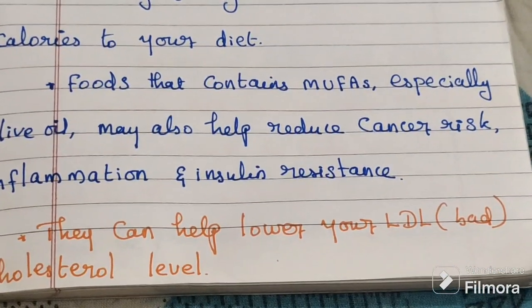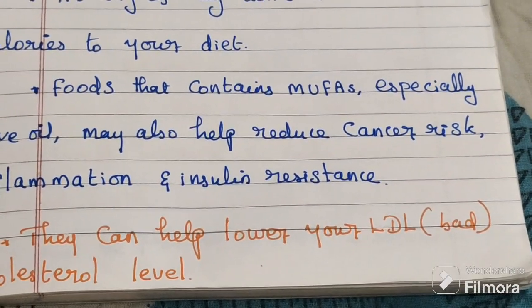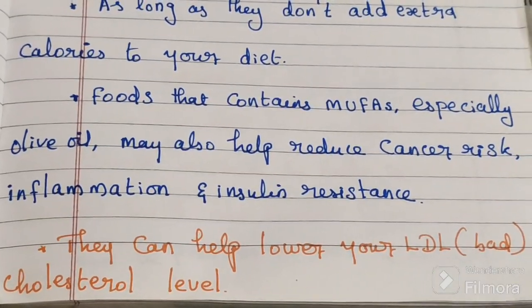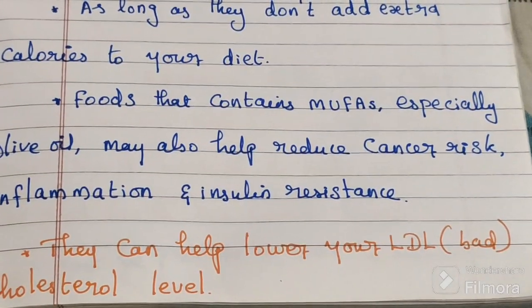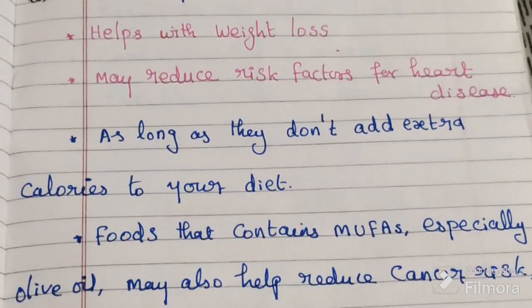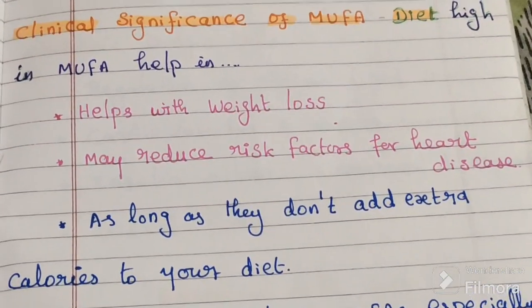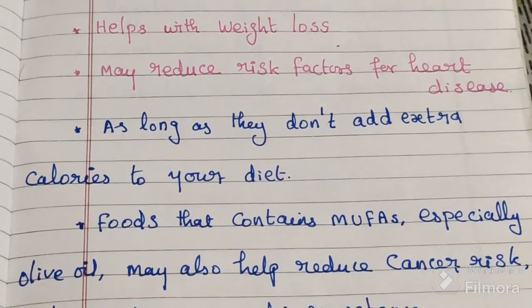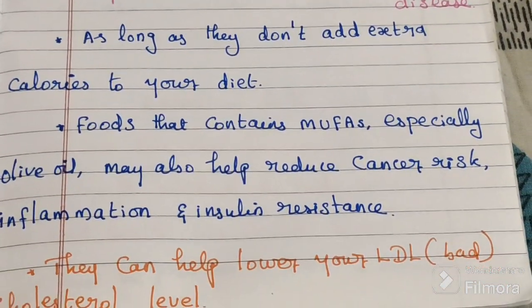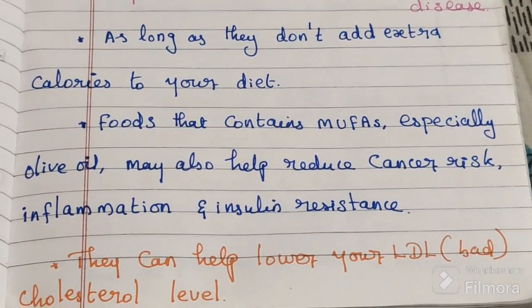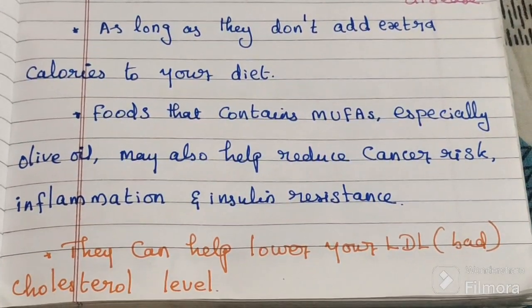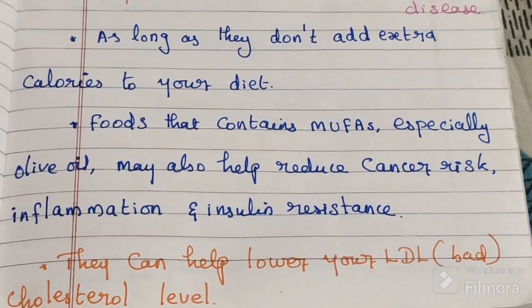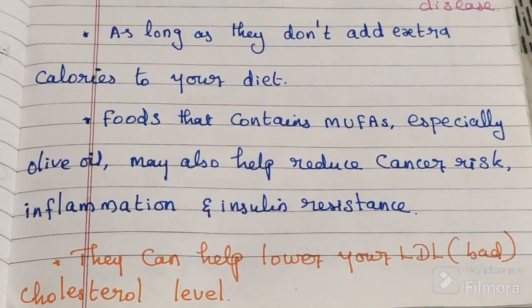They can also help lower bad cholesterol, LDL, low density lipoprotein cholesterol. So these are the clinical significance: weight loss, reduced risk of heart disease, reduced cancer, inflammation, and insulin resistance, and lower LDL.